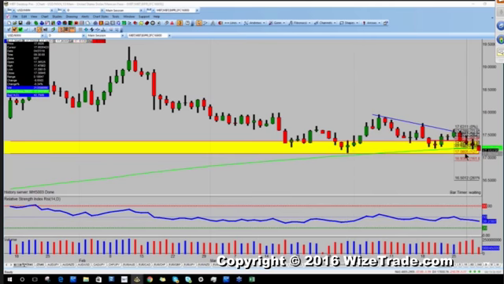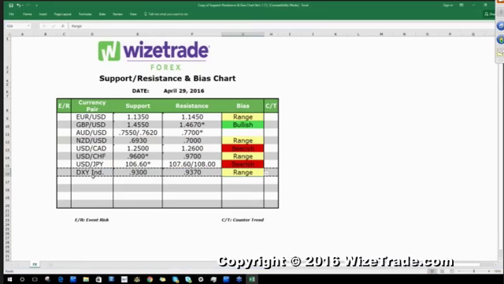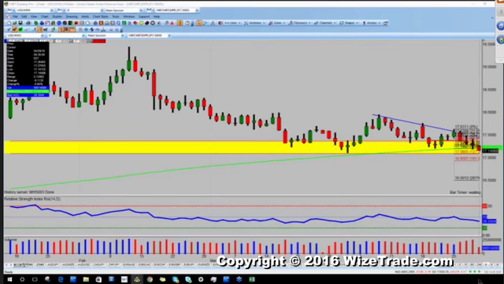We have a 127% extension at 7.08. It's doable. Very doable. I'm not happy about it. We get a close below there and I have to pull the plug. Support is 17.08. Key support.